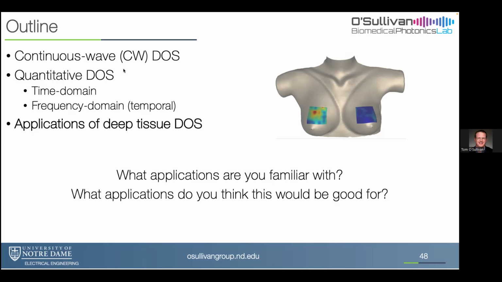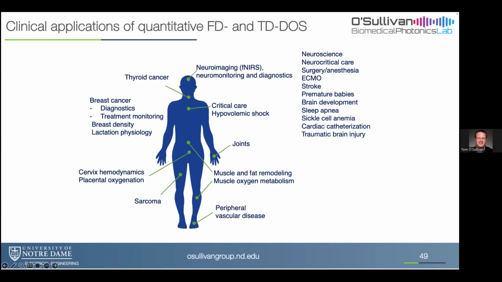So I went through some literature and tried to find where frequency domain and time domain spectroscopy have been used. A number of triggers, and we mentioned peripheral vascular disease, neuroimaging, we talked about breast cancer, muscle and fat remodeling, joints. There's been work trying to image inflammation in joints with this technology.